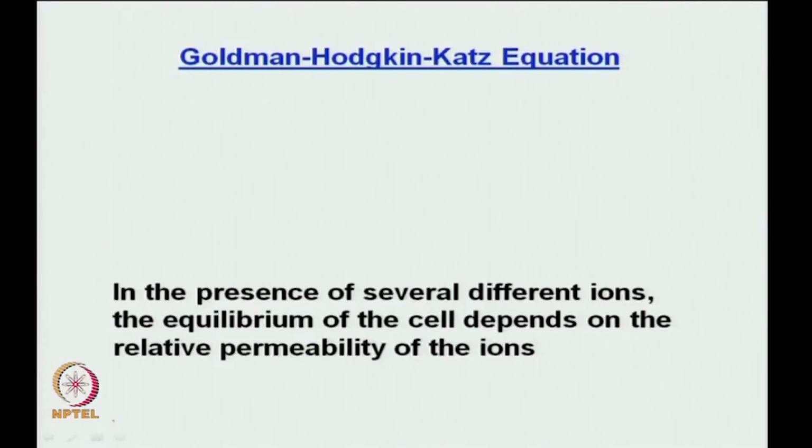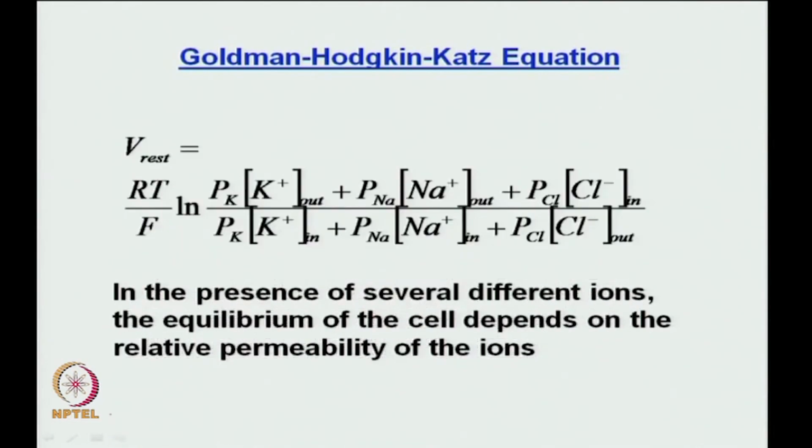In the presence of several different ions, the equilibrium of the cell depends upon the relative permeability of the ions, and this is what it comes to. So, V rest, the resting potential, is V equals RT by F natural log. Now, look at the numerator and the denominator. What is P standing for?